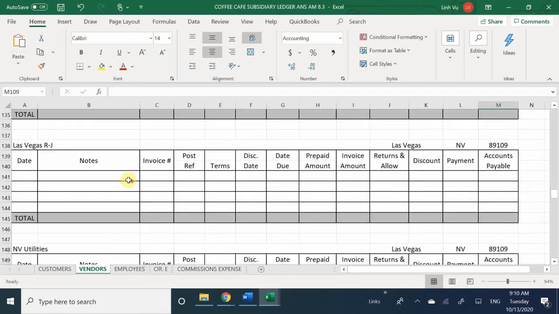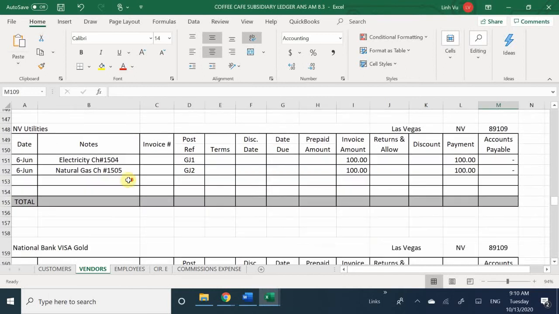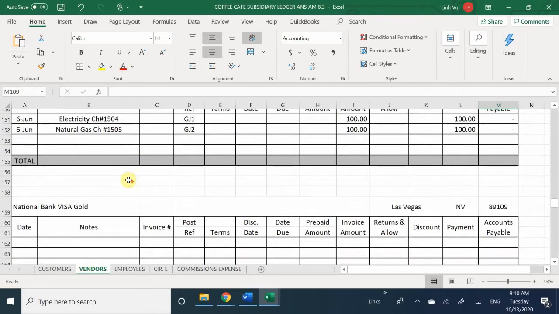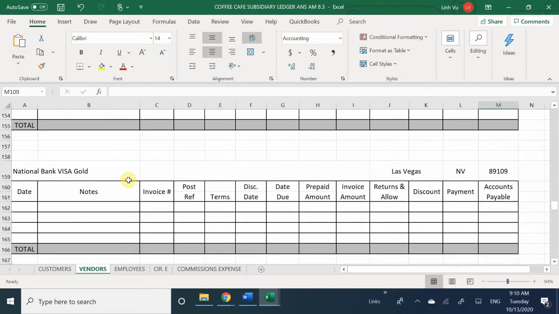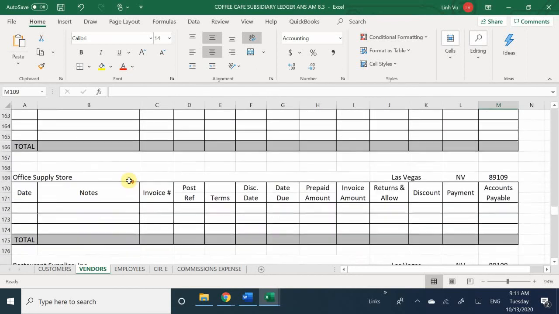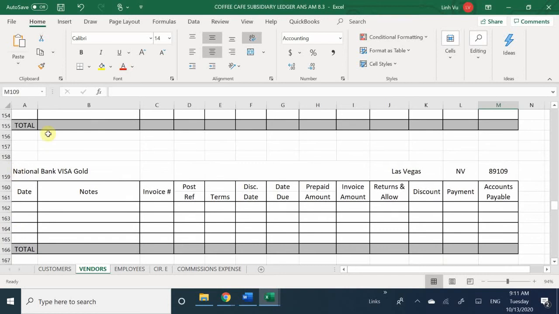So you should have National Bank right here for Visa Gold, okay? In this case, we don't actually have a section for the bank loan itself. This is only for the credit card statements.